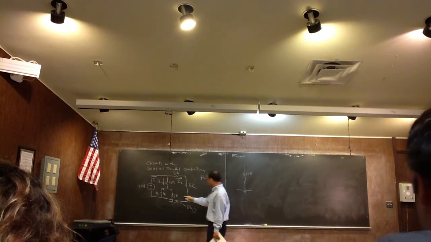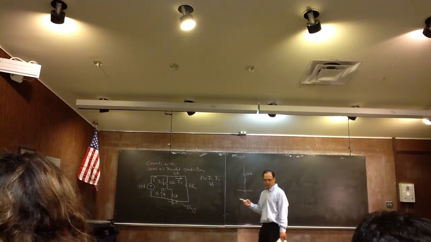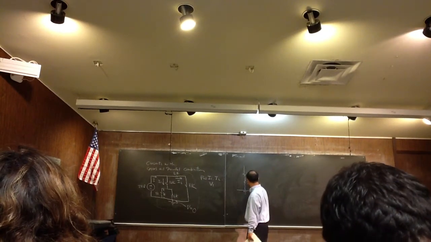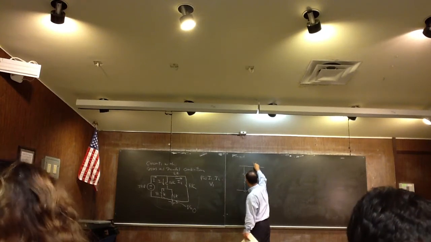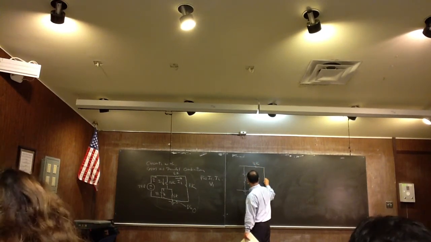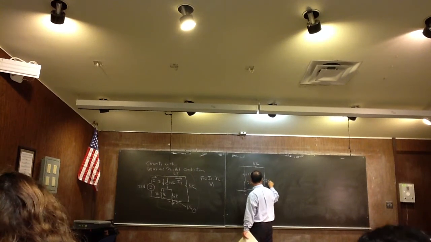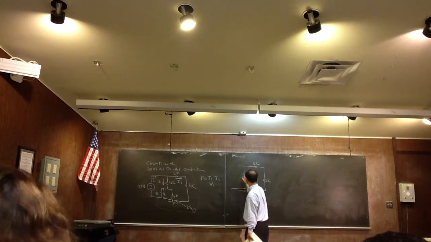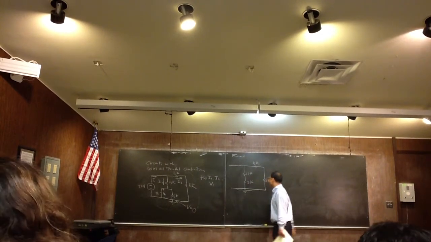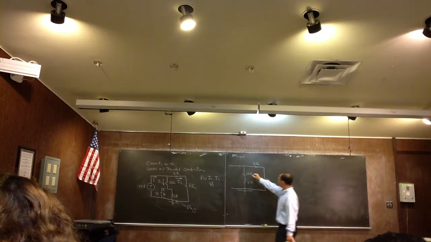You have these two in parallel, what is it? 3K in parallel with 6K is 2K, right? And then you have a 4K, and then you have 8K. Correct? Yes. So this is the box.